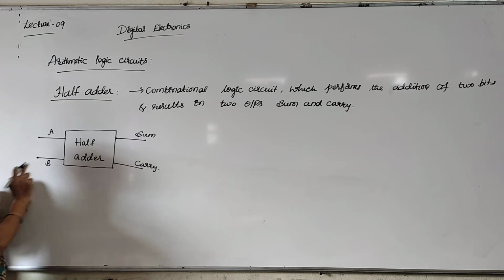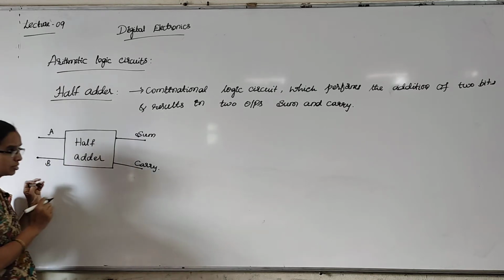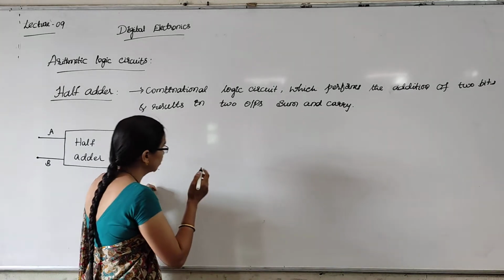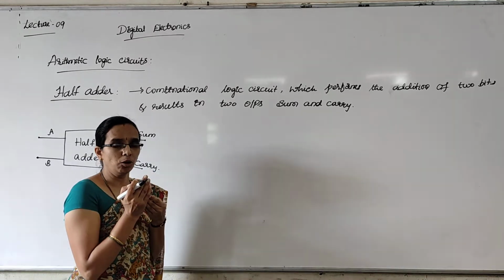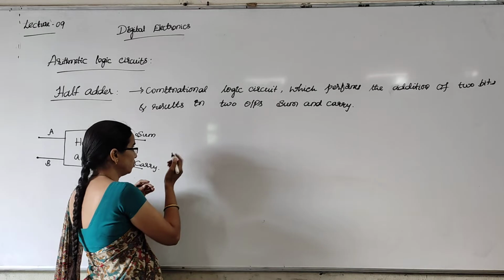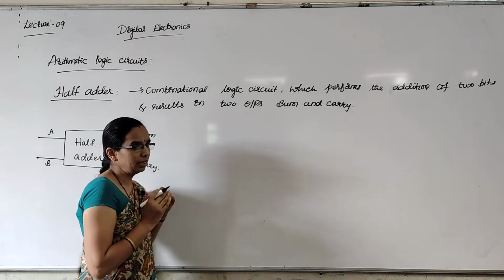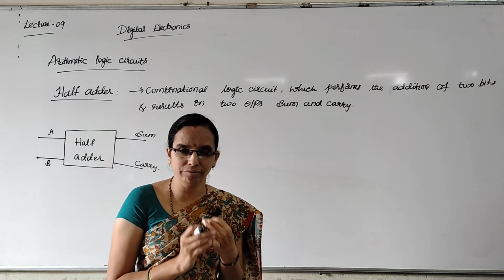So let A and B be the two inputs. There are two inputs, so four possible combinations, and in binary we have only 0 and 1.